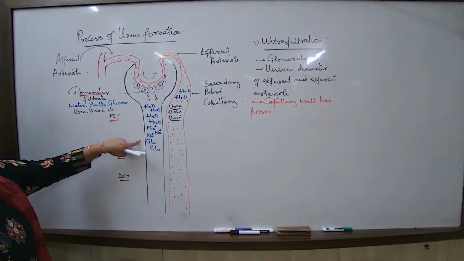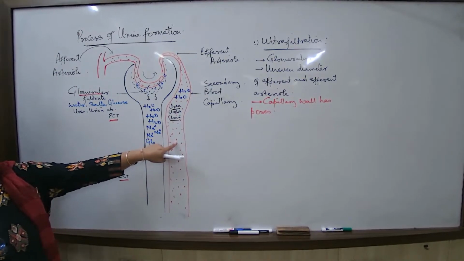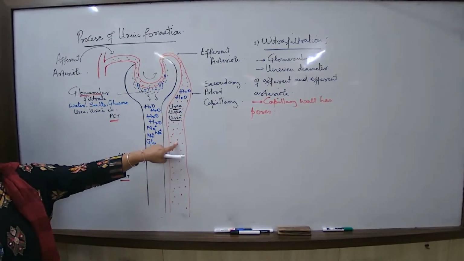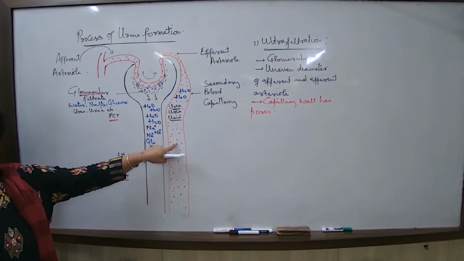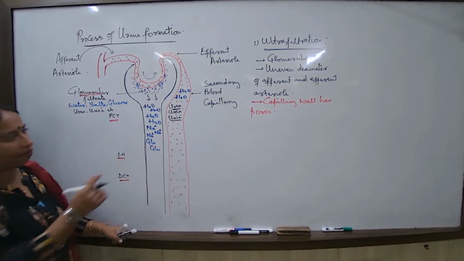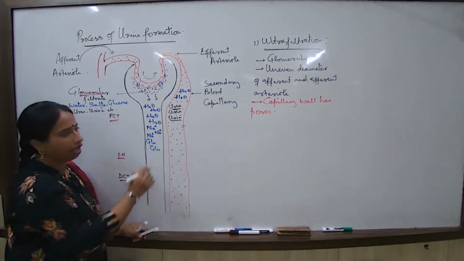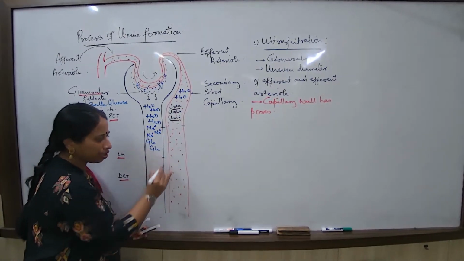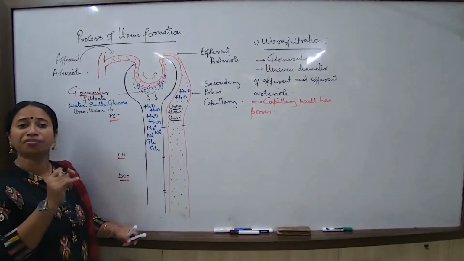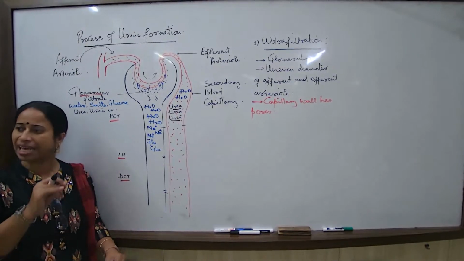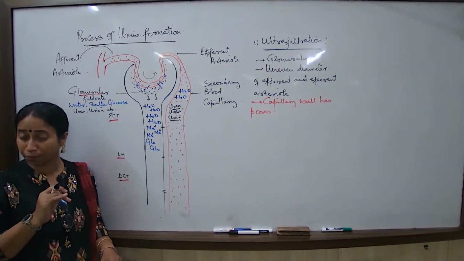In the tubule and in the blood, we are just comparing, and this is what is actually happening in our nephrons. Surrounding the nephron, there is a huge network of blood capillary. The wall of the capillary is thin. The wall of these tubules also, they are permeable to different types of ions and components. What is the meaning of the word permeable?